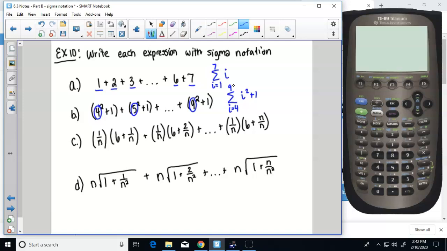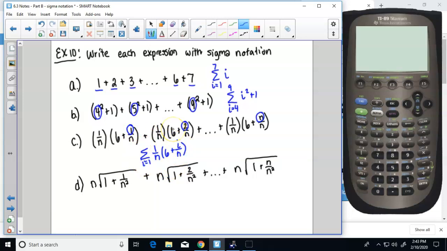Now, when you get down to C, I think it is kind of difficult. What number's changing? The one over the end. So you go from 1, 2, none of the middle ones are listed, 3, 4, 5, 6, 7, 8, all the way up to N. Okay, so we are doing the sum of, and we can say 1 over N times 6 plus I over N. And that I began at 1.